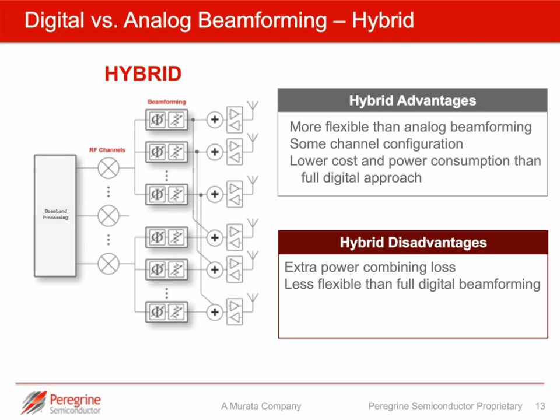We can, again, combine RF channels as we did in the digital case, or we can keep them separate. It's a kind of halfway house. The disadvantage is the combining after the beamforming element creates loss, so we have to compensate for this. So this has an additional power loss over analog beamforming.